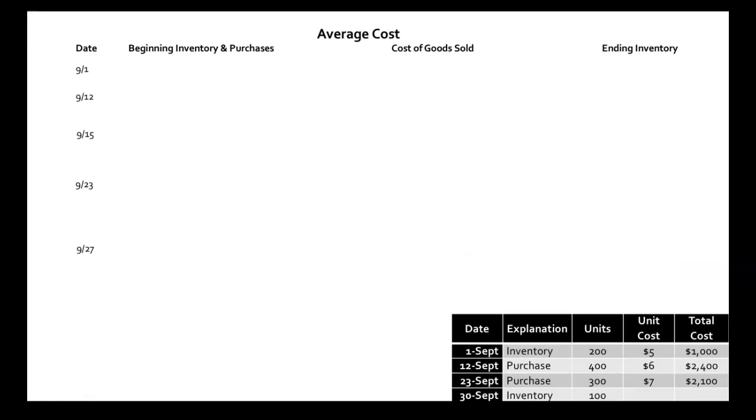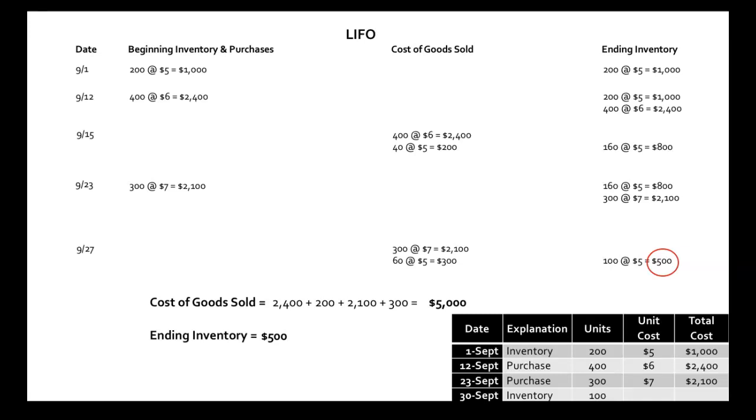Now, average cost. Average cost is a little bit different compared to FIFO and LIFO. So FIFO and LIFO, we kept all of our inventories separate, right? We saw on the 12th, we had some at $5 and some at $6. On the 23rd, we had some at $5 and some at $7 in our ending inventory.